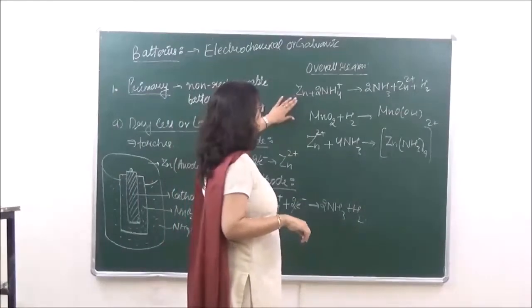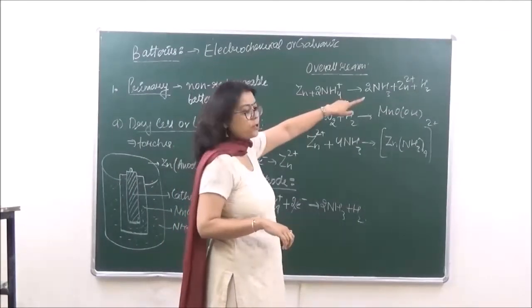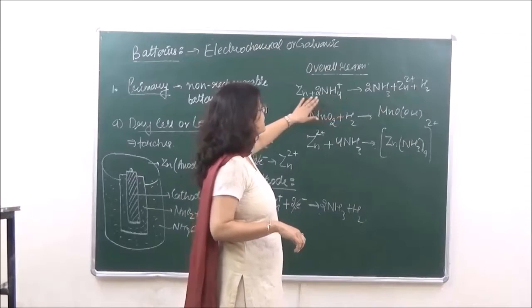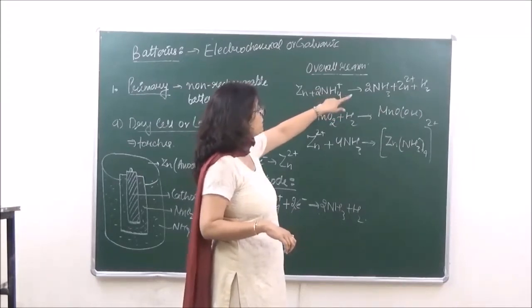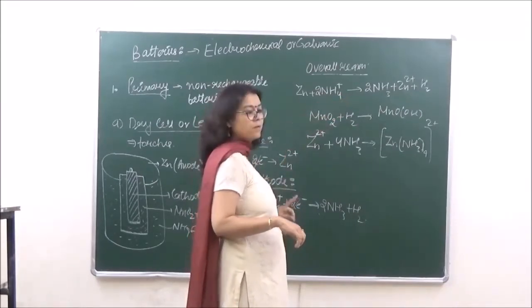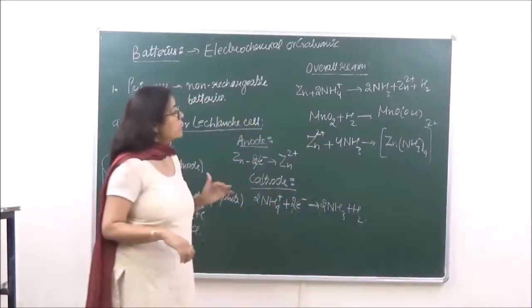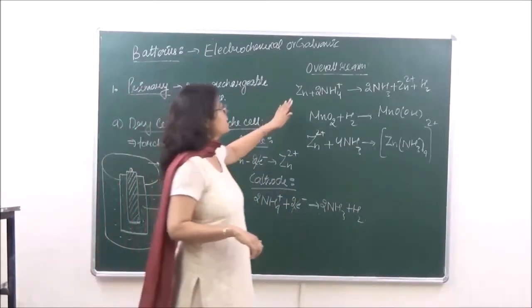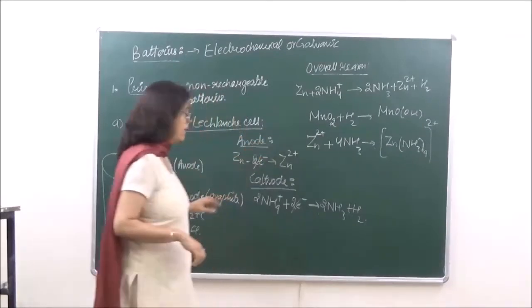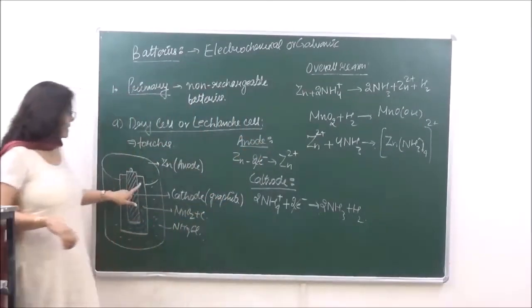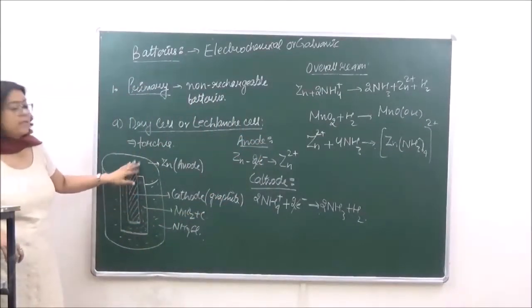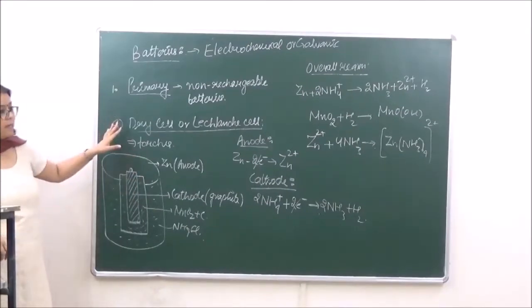Okay, now in this case you can see that when we look at the overall reaction, the zinc is being corroded into Zn2+ ions, right? And similarly NH4+ ions from the electrolyte are being converted into NH3. So slowly and gradually zinc will keep on corroding, and as a result the electrolyte might ooze out of the cell.